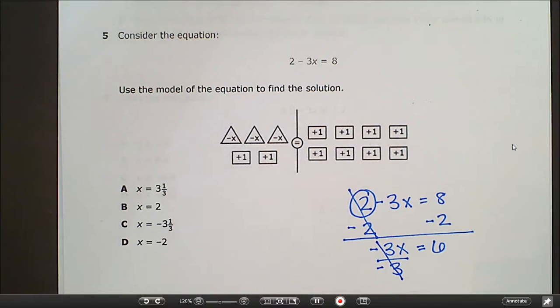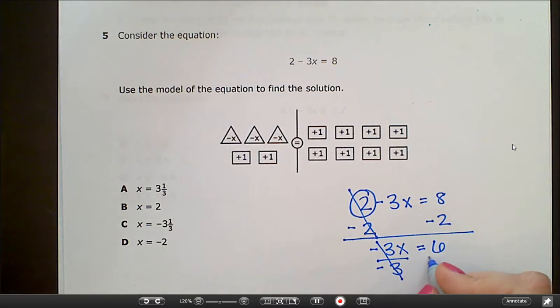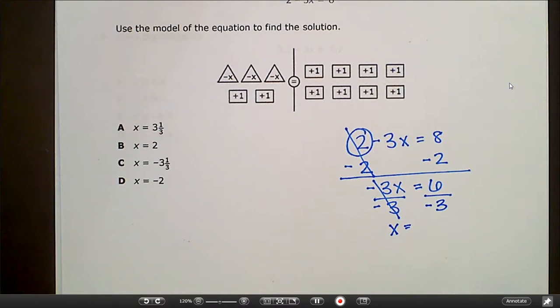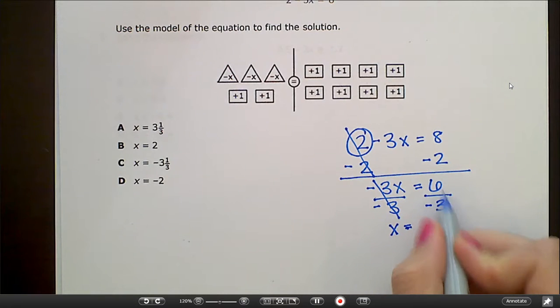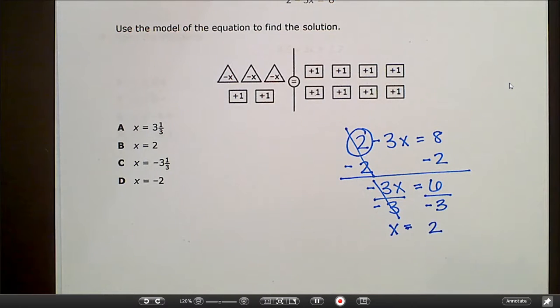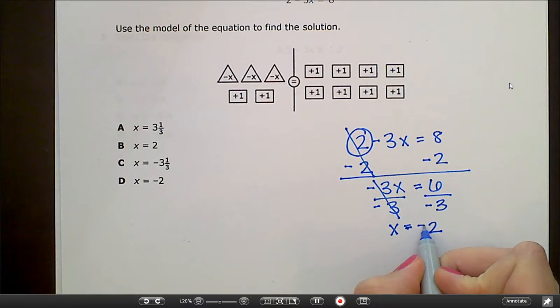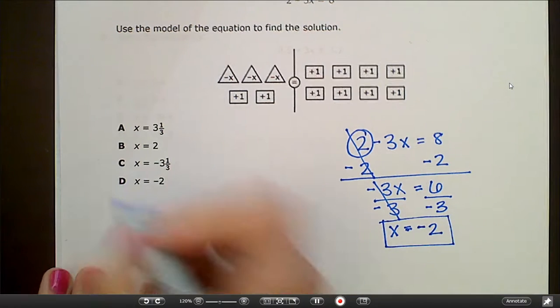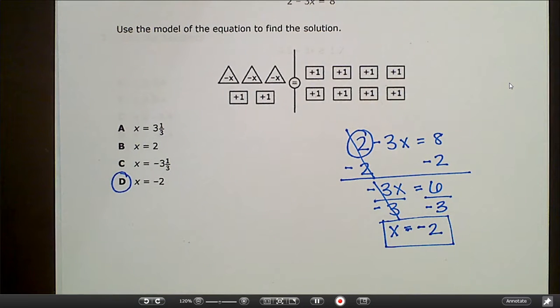The opposite of multiplying by negative 3 is dividing by negative 3. Let's divide by negative 3 over here. And we get x equals, 6 divided by 3 is 2. And since my signs are different, the answer is negative. So D would be our answer there.